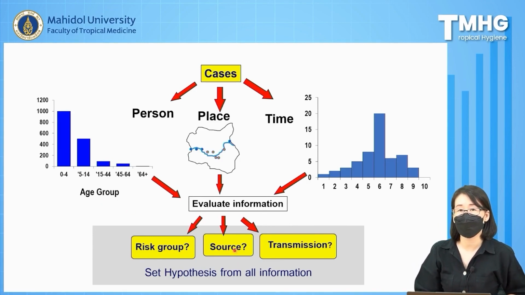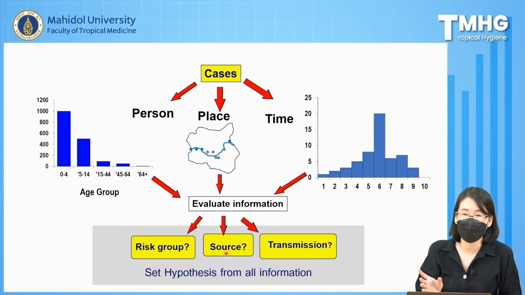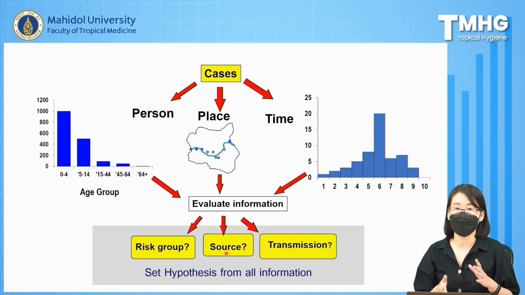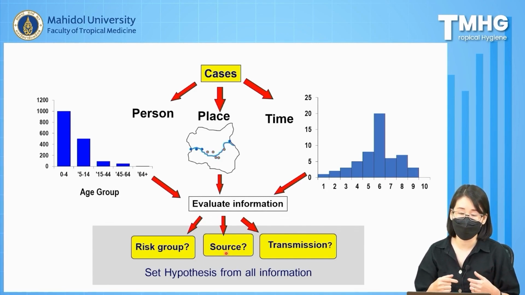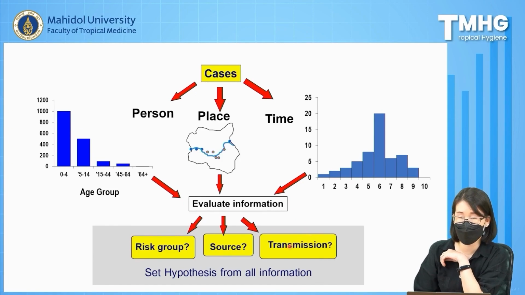So you can find the source and form a hypothesis. From our descriptive analysis, we found that kindergarten 1 had more affected people than kindergarten 2 or 3. That might involve the practice of a teacher in that kindergarten, right? And we're going to know how it transmits if we collect the risk factors.